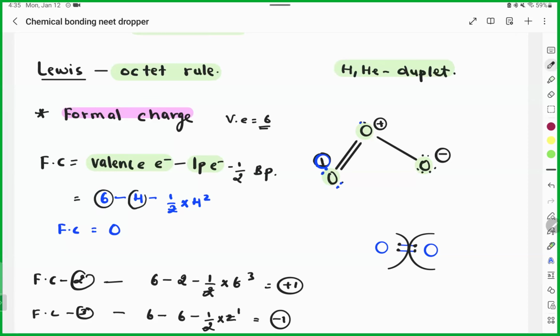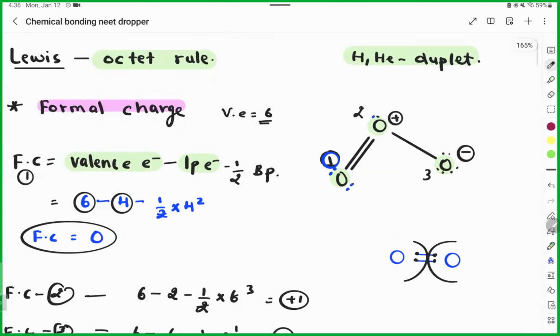So in the second atom, same situation. Valence electrons 6, lone pair only 1, so lone pair electrons 2. What will be the bond pair in this case?